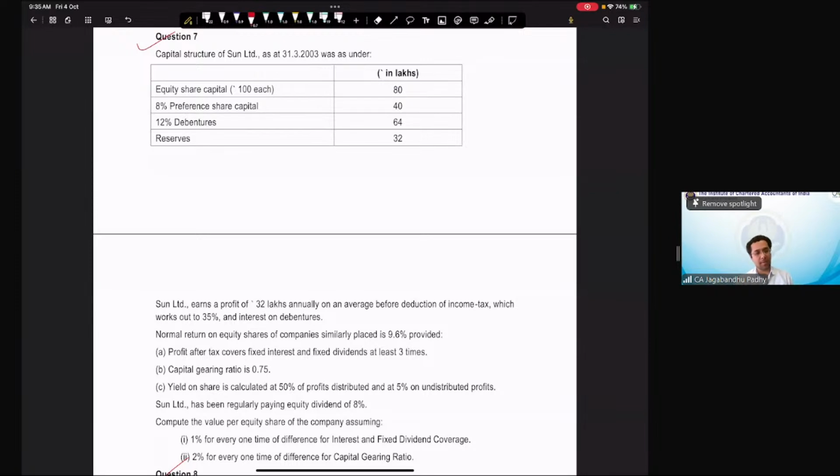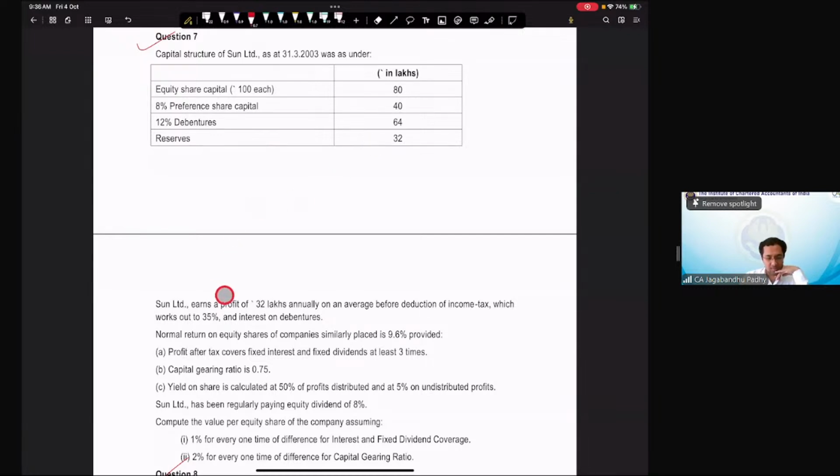Now, capital structure of Sun Limited as on 31st March 2003 is as under. Equity share capital is 80 lakhs, 8% preference share capital is 40 lakhs, 12% debentures is 64 lakhs. And the reserves are 32 lakhs.